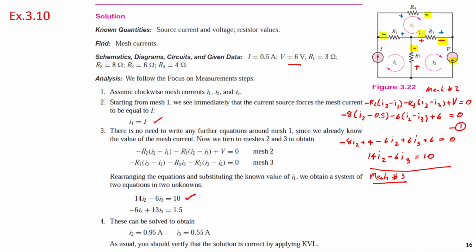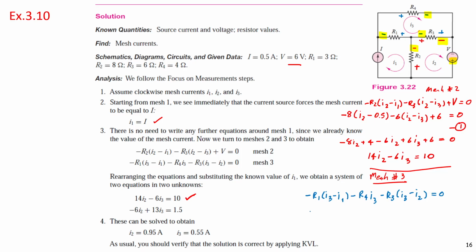Minus R1 into (I3 minus I1) minus R4 into I3 minus R3 into (I3 minus I2) equals 0.